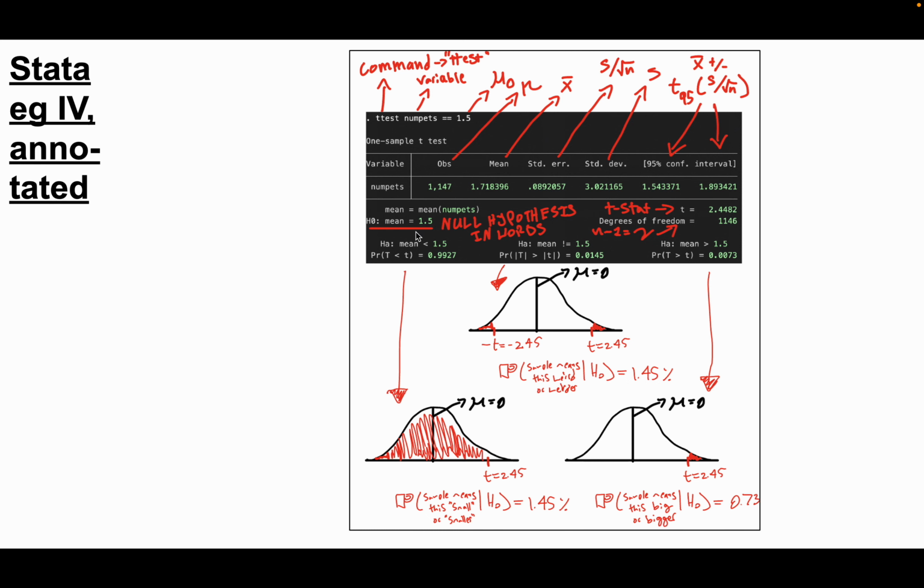So the probability of a sample mean, quote unquote, this small or smaller is actually quite large, very big. We would almost always see values this small or smaller if the null were true. So we don't have any evidence that the mean is smaller than 1.5. But you want to note very carefully the structure. Oh, by the way, this should be 0.9927. I'll fix that.